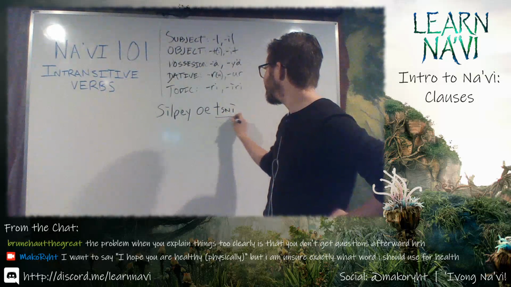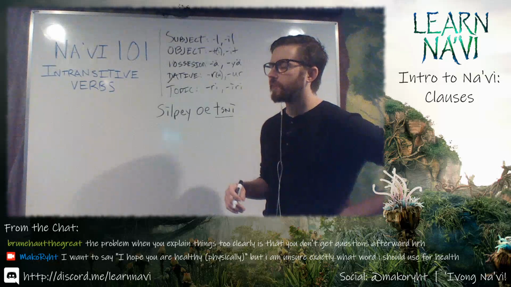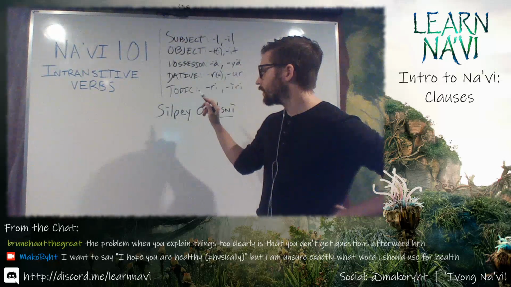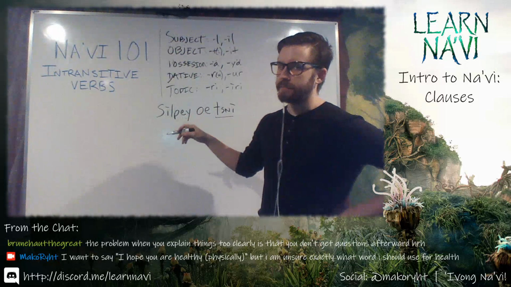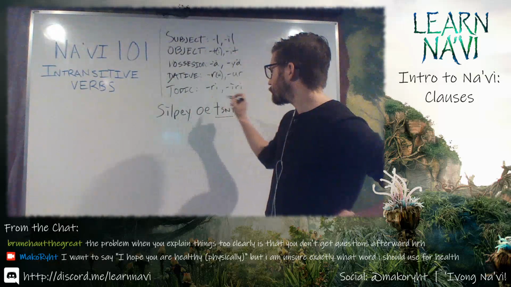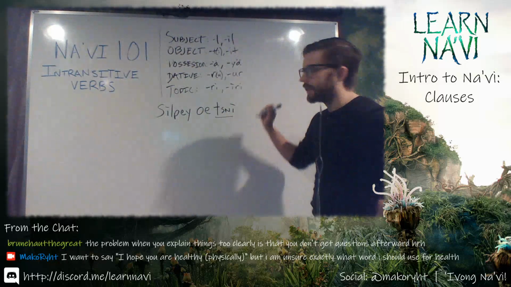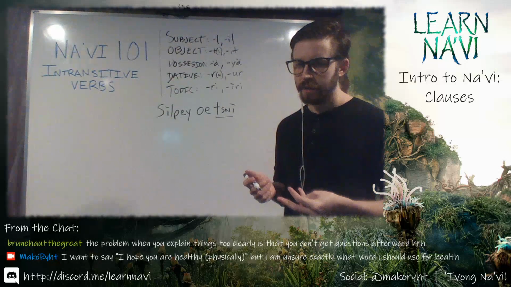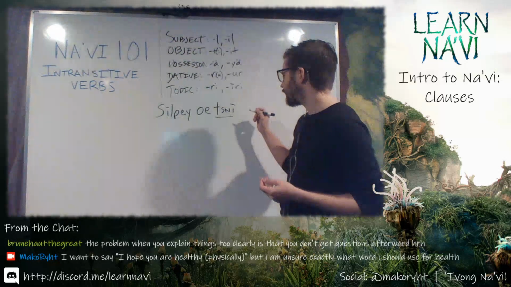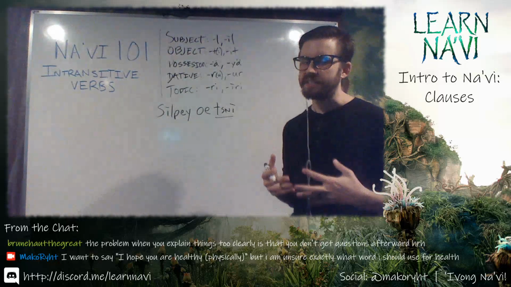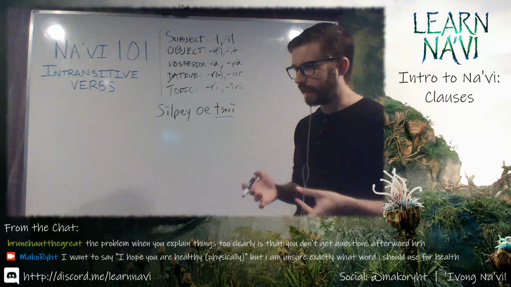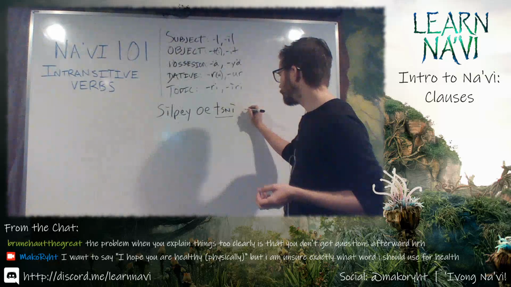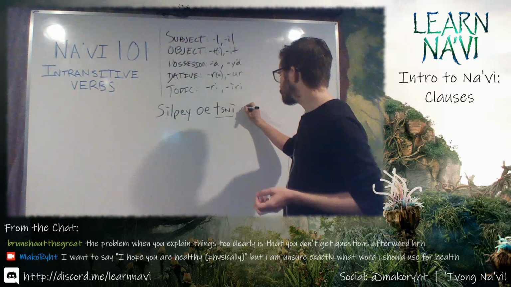This word right here means that, but it's a clausal transition for specific types of verbs. So I hope that, and then this is where we're going to get into the core of our sentence, which is that you are healthy. And basically what we want to say to you is, you have health. And to do that, we're going to say ngaru.